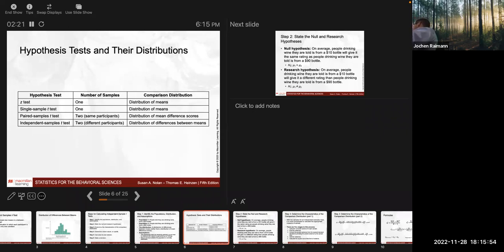The paired sample t-test and the independent sample t-test both have 2 samples. For the paired sample t-test, these are paired, meaning it's the same participants, the same subjects in your sample in a before and after situation. You calculate individual differences, so you get individual scores.